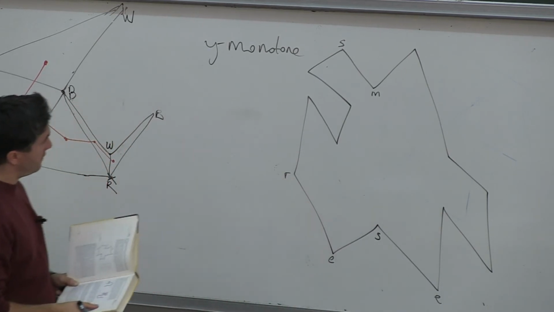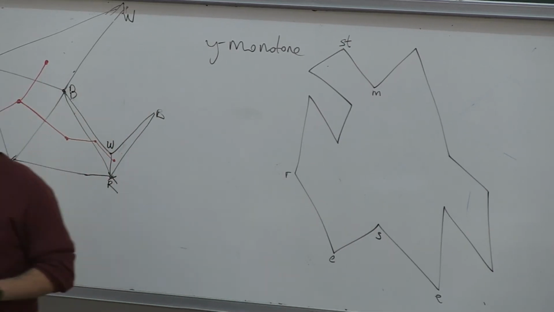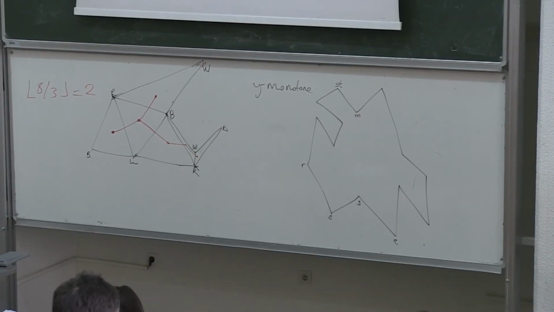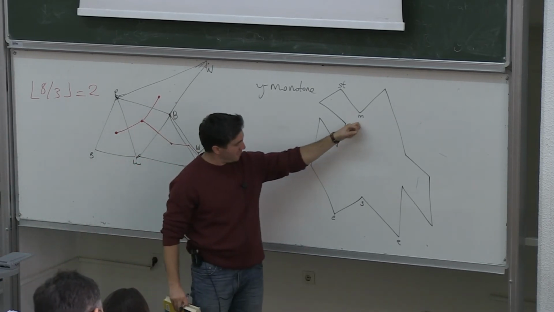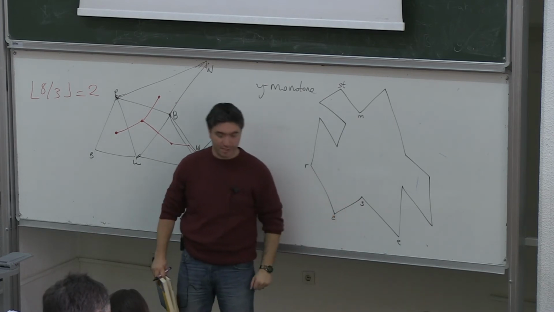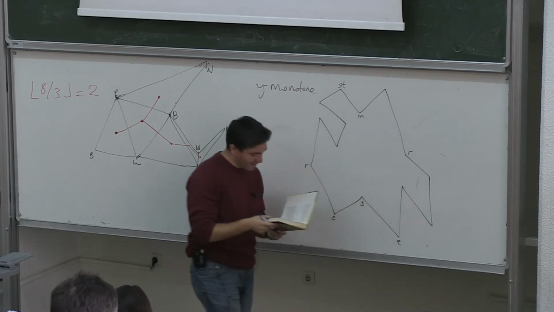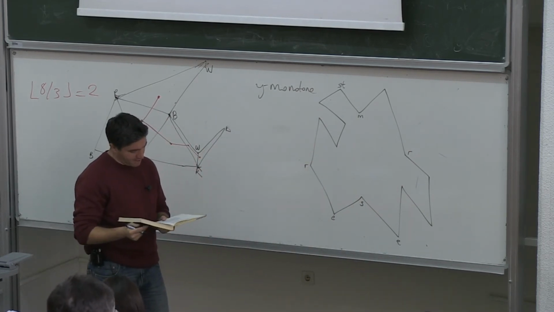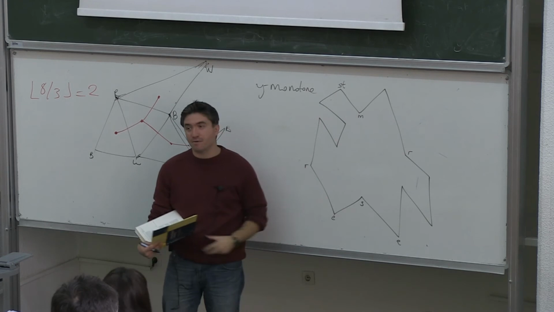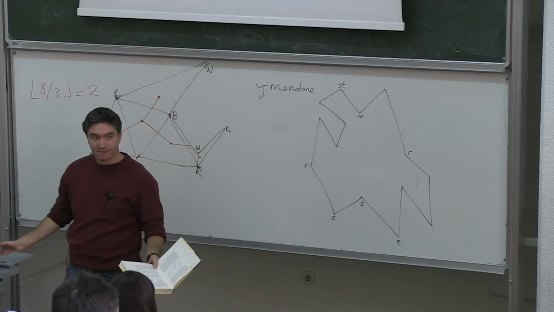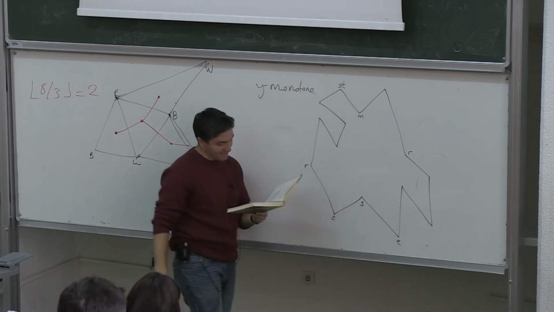We are going to define five different types of vertices in any simple polygon: a start vertex, regular vertex, merge vertex, split vertex, and end vertex. For example, this is also regular. A vertex is going to be a start vertex if both of its neighbors are below it and the interior angle is less than pi.